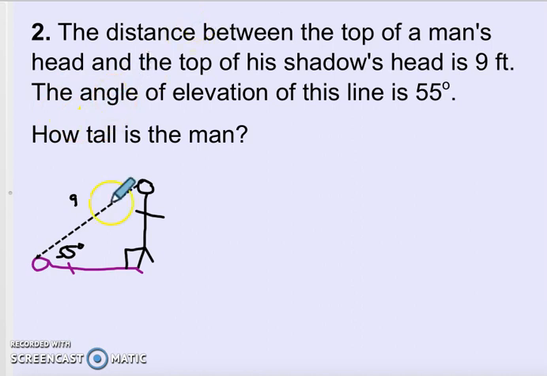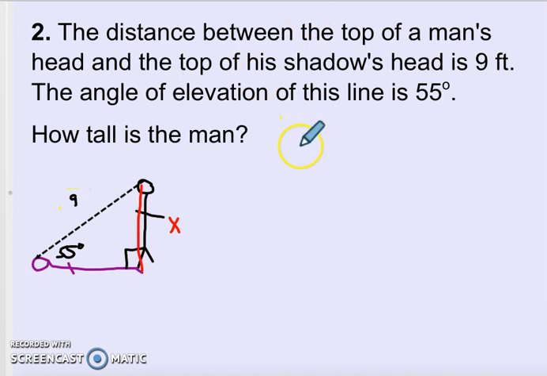Okay, so I'm looking for this line right there, his height. I am not the greatest at drawing straight lines, as you can see. It has something to do with being left-handed, I think. I have opposite over hypotenuse again, just like number 1, except this time I'm given hypotenuse.